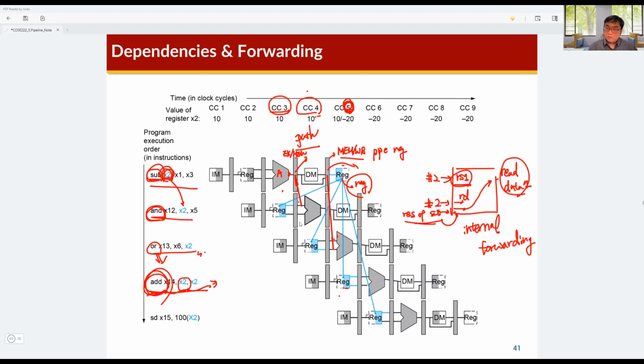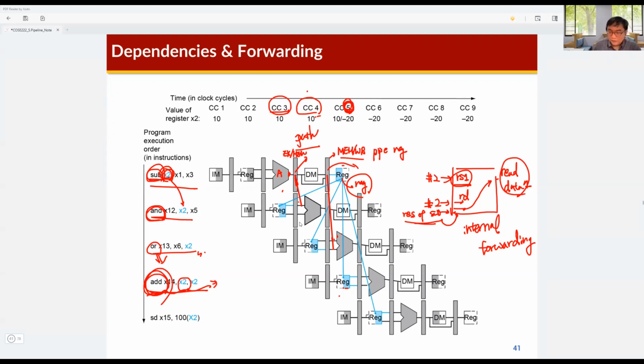And then if you see lab assignment number 2 and the skeleton code of the register file, you can find that you need to implement the internal forwarding.